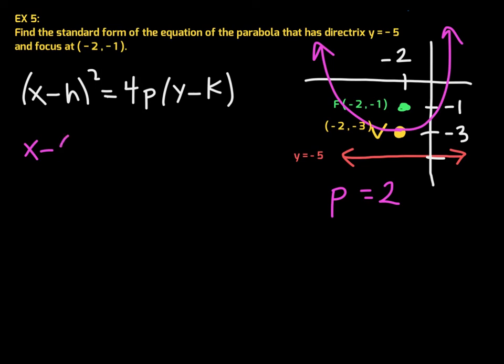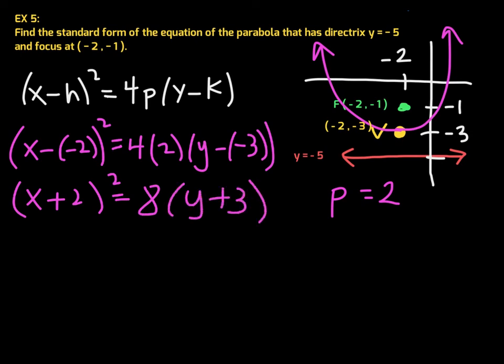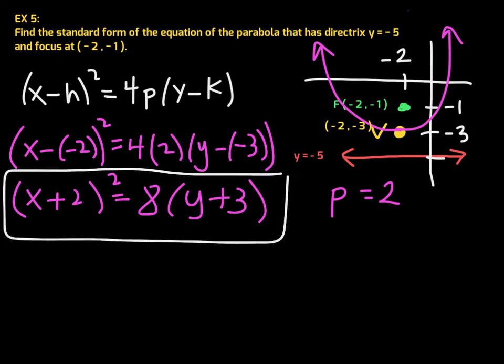So it's x minus -2 quantity squared is equal to 4 times p, which we figured out to be 2, times y minus -3. All right, so then x plus 2 quantity squared is equal to 8 times y plus 3. This must be the standard form for the parabola that they were describing.